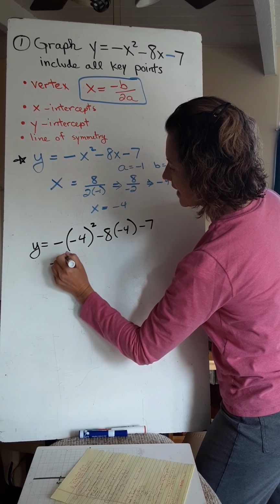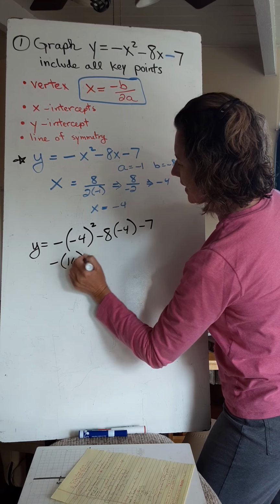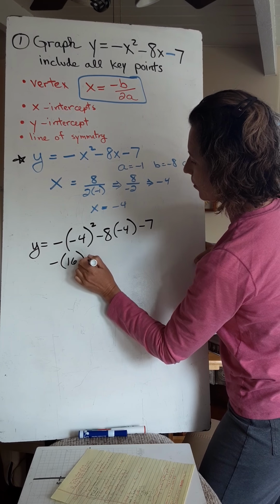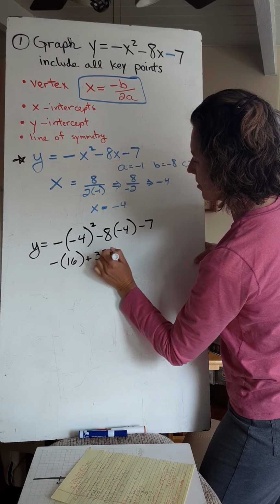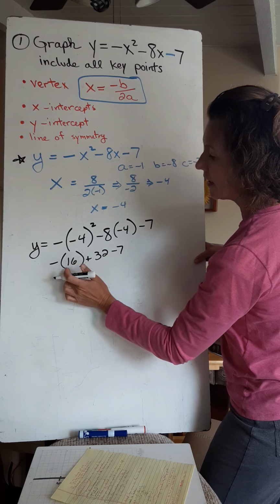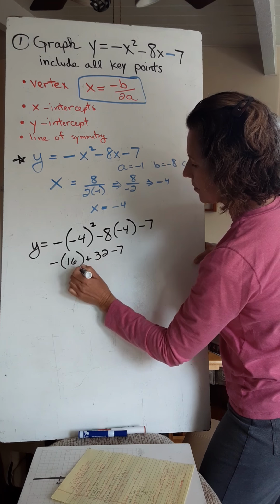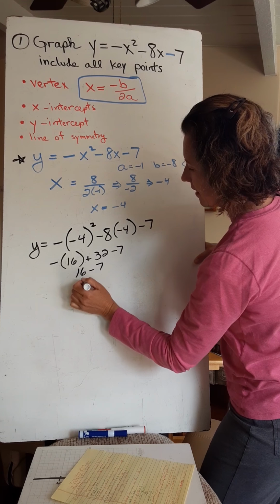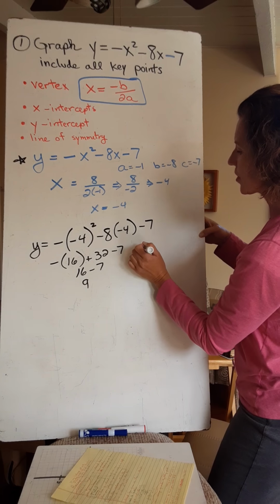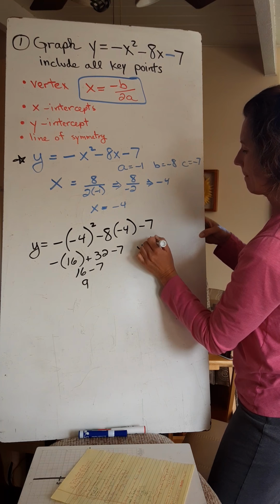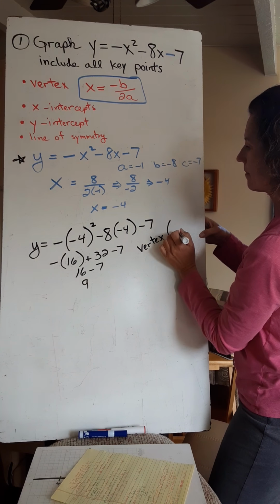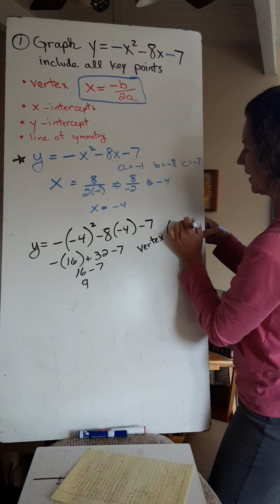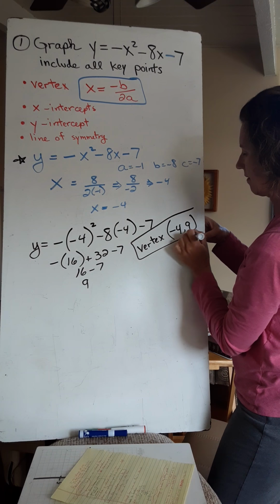So that gives us -16, -8 times -4 is +32 minus 7. -16 and +32 is 16. 16 minus 7 is 9. So our vertex is going to be -4, 9.